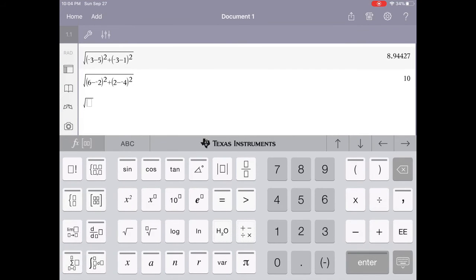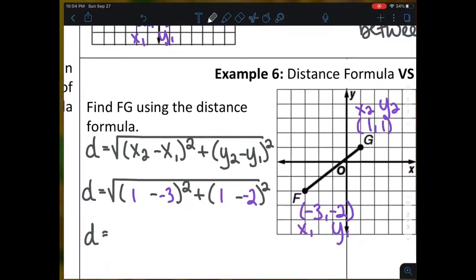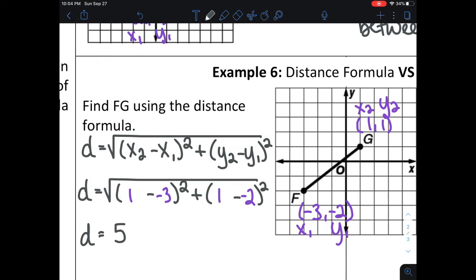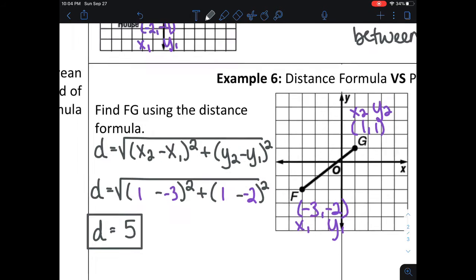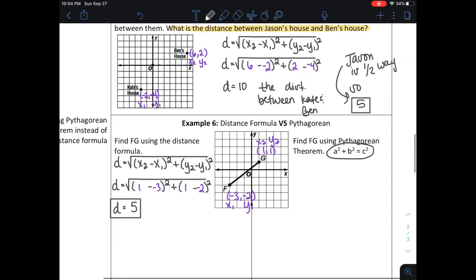So TI Inspire app, again, square root, parentheses, 1 minus -3, close parentheses, and square it, plus parentheses, 1 minus -2, close parentheses, and square it, hit enter. Oh, and again, we get this lovely whole number, 5. So the distance is 5. Okay, lovely. So that's how you use the distance formula.